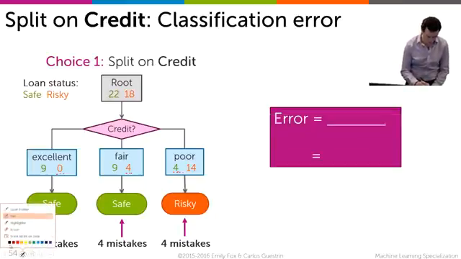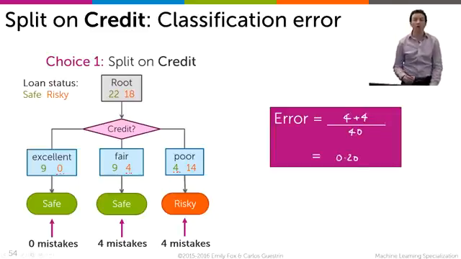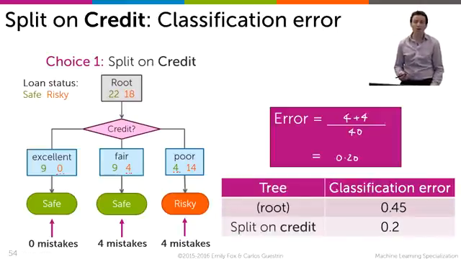We'll see that we make 4 plus 4 mistakes. So that's 8 out of 40 data points. So that's an error of 0.2, which is lower than we had, 0.45. So we've gone down now from 0.45 to 0.2. So splitting on credit seems like a pretty good idea.